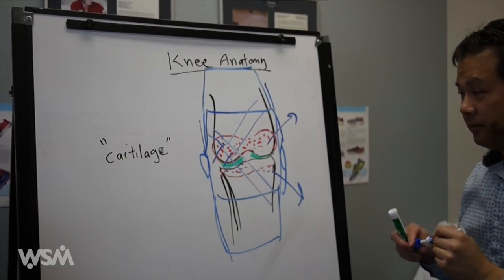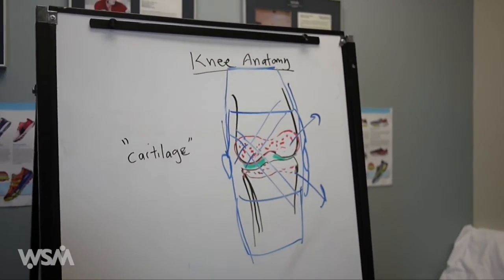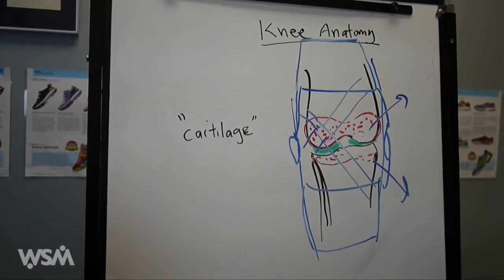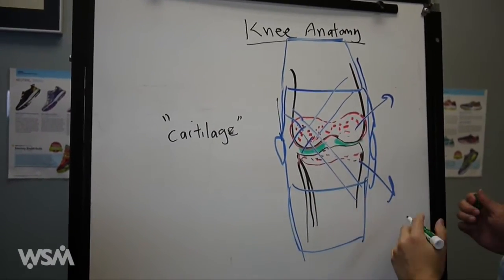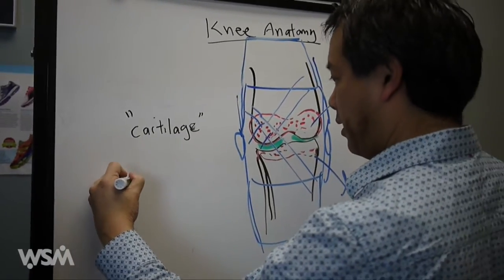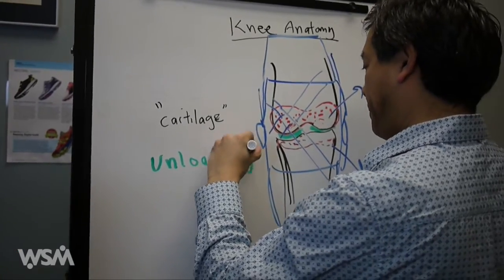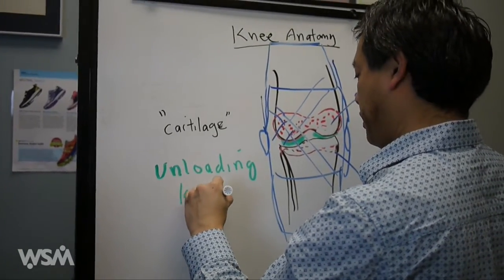Does that make sense to you? Yeah, I think these braces can work really well if fit properly, so that's one treatment option that I often prescribe my patients, what we call an unloading knee brace.